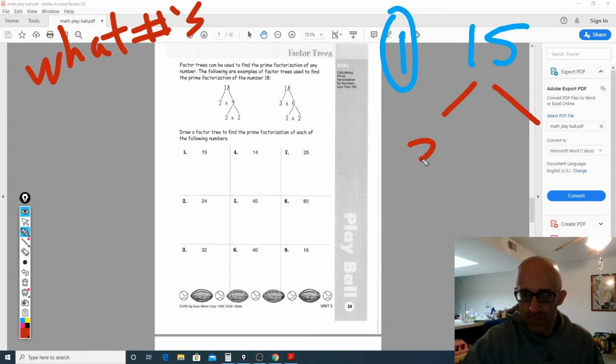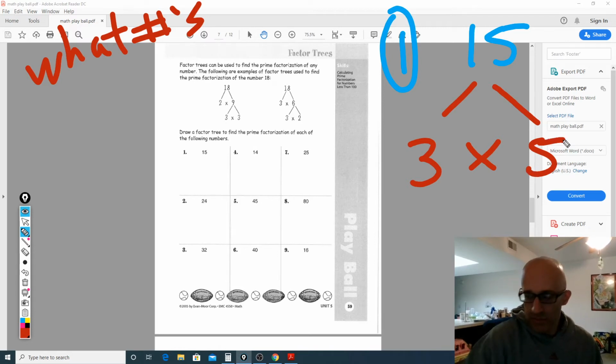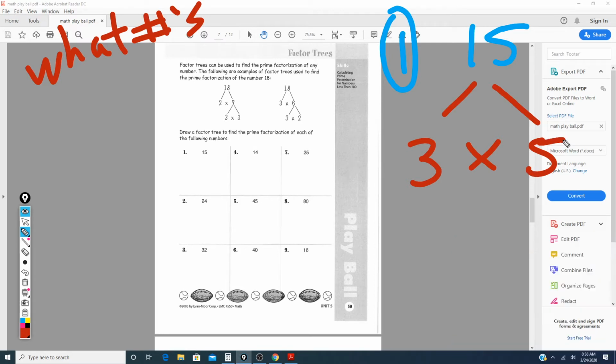Yes, 3 can. So 15 divided by 3 is 5. So it's 3 times 5. That is all you need for this first question. You cannot break down 5 or 3 anymore.